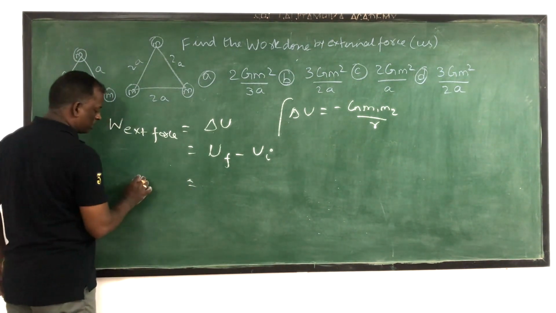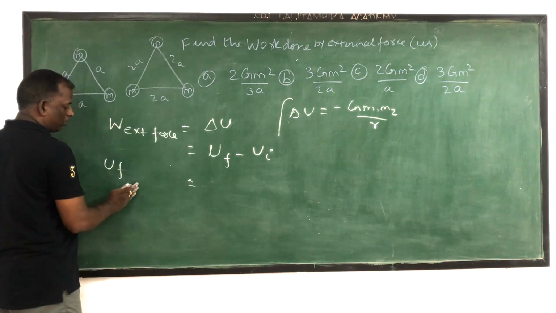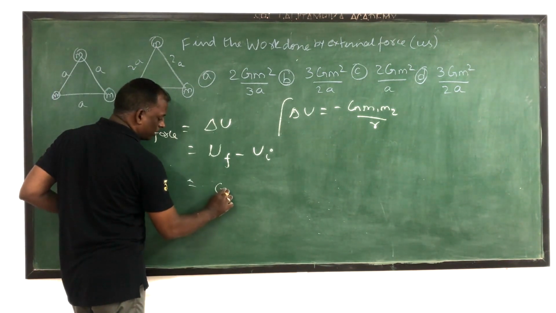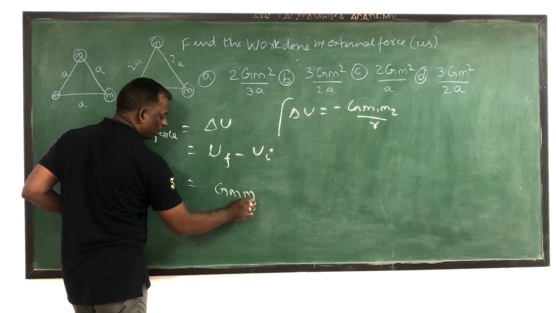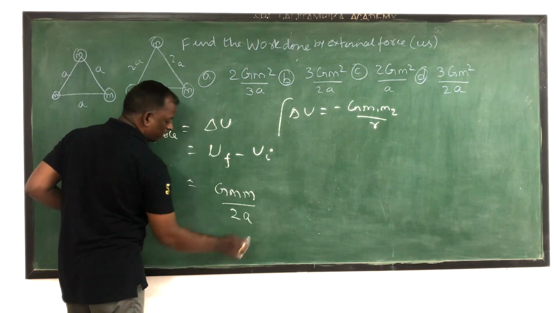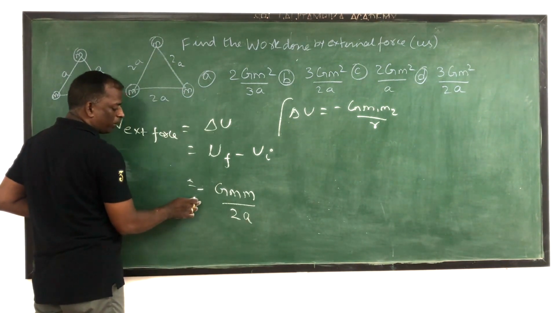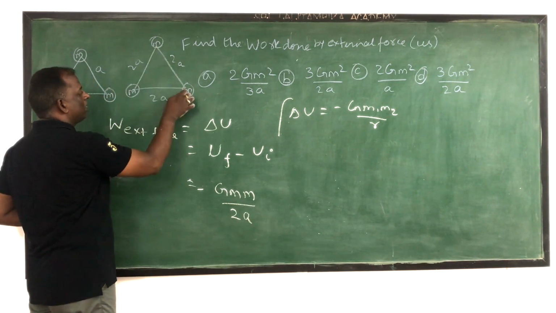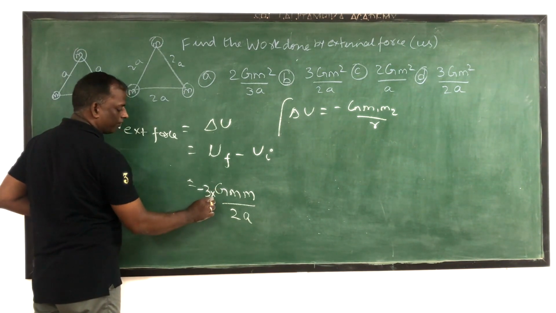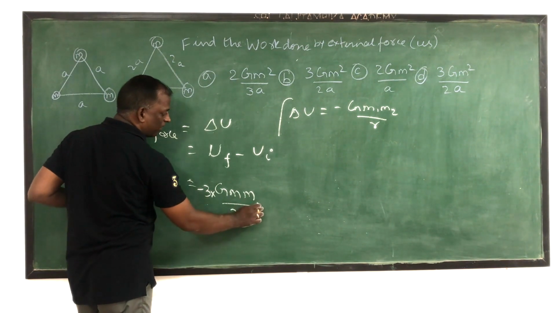So U final, what is U final? U final பாத்தீங்கன்னாக்கா it is G m into m by 2a, ஏன்னா எல்லா மாஸ்க்கும் same. So it is minus. இது ஒரே ஒரு ரெண்டு மாஸ், இது ரெண்டு இருக்கு, இது ரெண்டு இருக்கு, அப்ப ஒட்டுமொத்தமா நாம into 3 ன்னு எழுதலாம்.